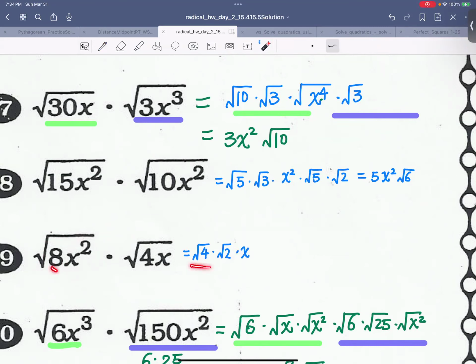This 8 is 4 by 2. This x squared takes square root is x. And then this guy, you can copy down square root 4. And then you can copy down another square root x. Okay? These two together give you how much? 4. So you have 4x in the front. And you have square root 2x inside. Does this make sense? Yeah. Okay.